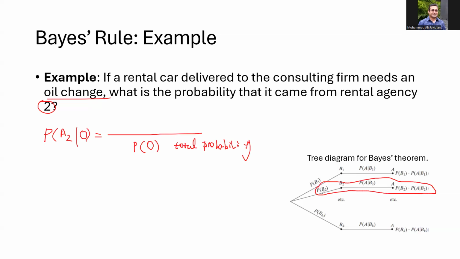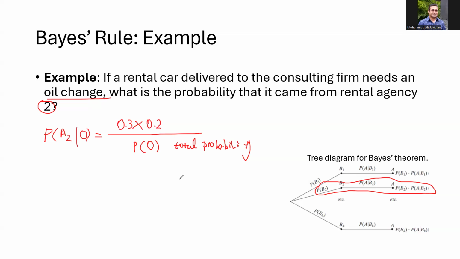If you remember, I believe 30% of the cars come from the second agency, which is P of A2, times how many of them needed an oil change, I believe 20%, which is times 0.2.